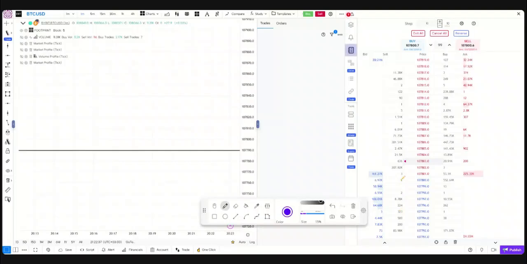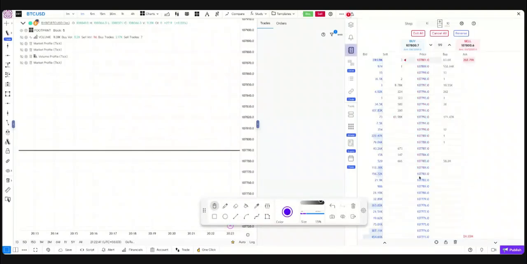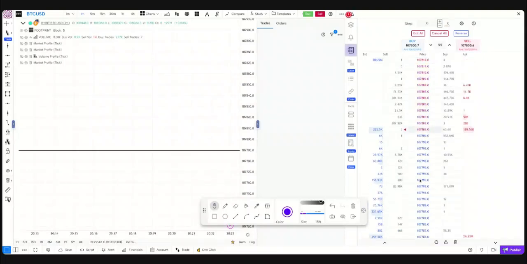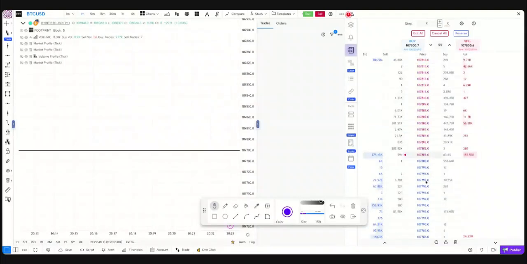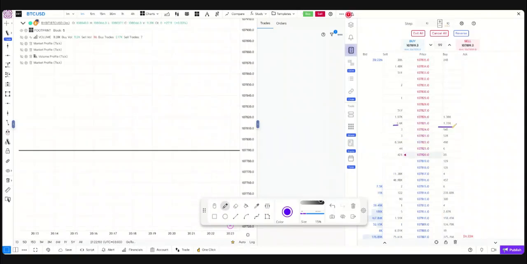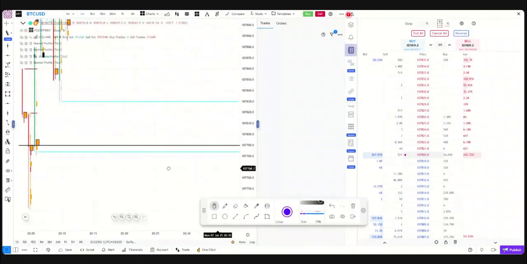On top we see one side was 300k, the other was like 400k, so that area was a little bit balanced though. Let's see what will happen on that specific zone.